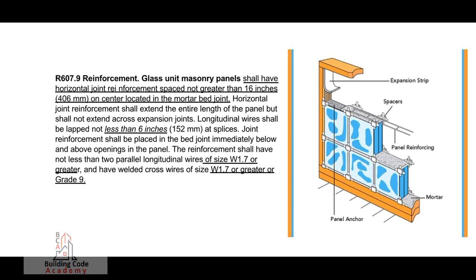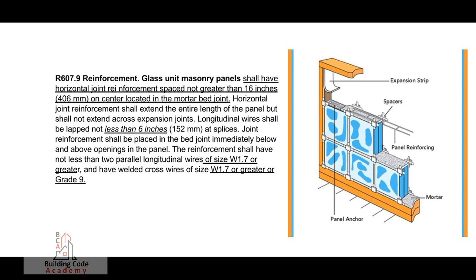R607.9 Reinforcement. Glass unit masonry panels shall have horizontal joint reinforcement spaced not greater than 16 inches, 406 millimeters on center, located in the mortar bed joint. Horizontal joint reinforcement shall extend the entire length of the panel, but shall not extend across expansion joints.